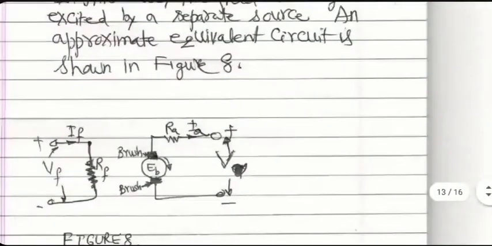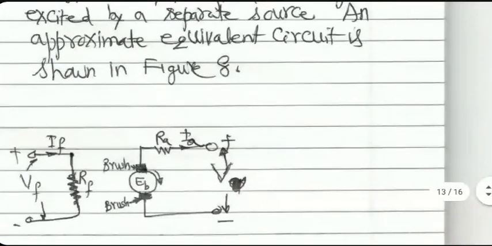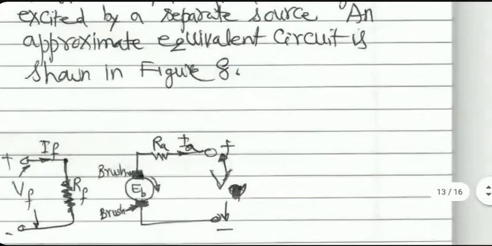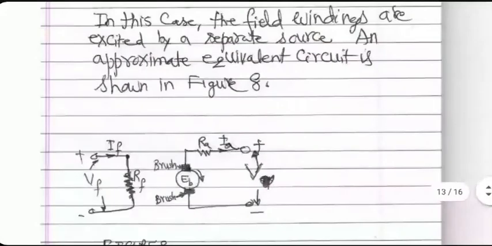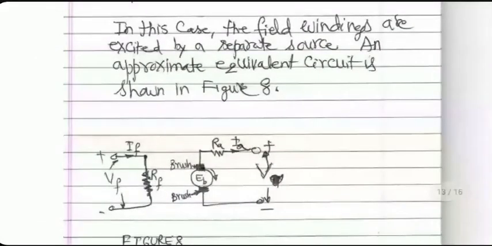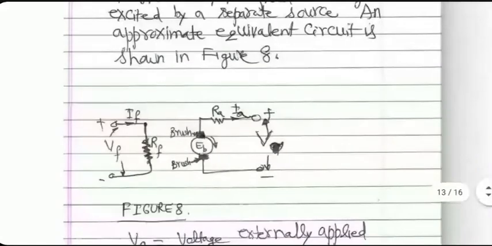The armature windings will also have resistance. Let's call that resistance RA, armature resistance. So the equivalent circuit is pretty simple. What you see here in figure 8 is the one that you will use.